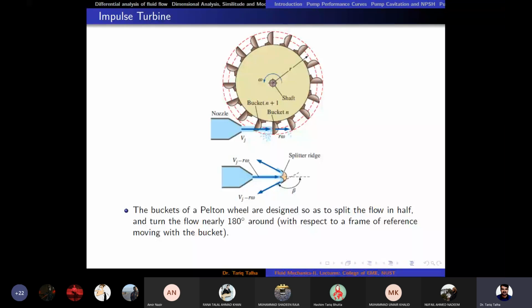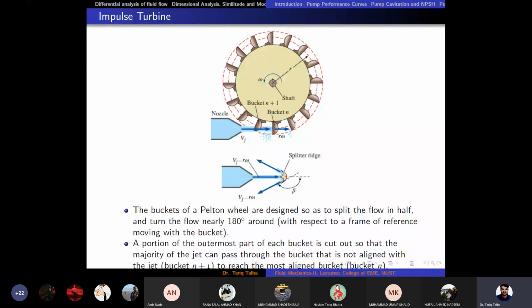Now, as discussed in the video, there is a cut at the end of the bucket, so that the water can strike bucket n rather than bucket n plus 1, because we don't want it to strike here. We want it to strike somewhere at the bottom blade, which is bucket n.